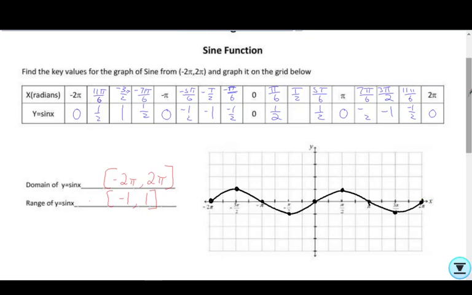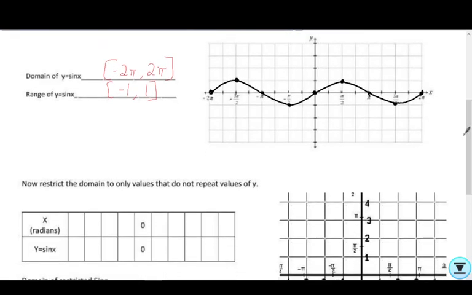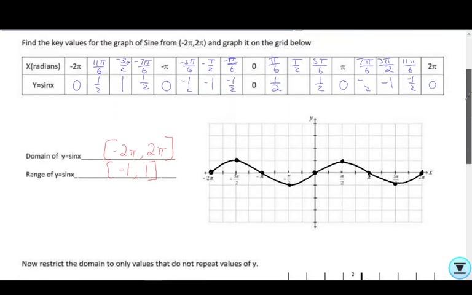So what we're going to do here is restrict my domain to values that do not repeat values of y. So what I'm going to do, and I know that sounds weird, is start writing down values from my chart, and we're going to keep going until I repeat values of y.